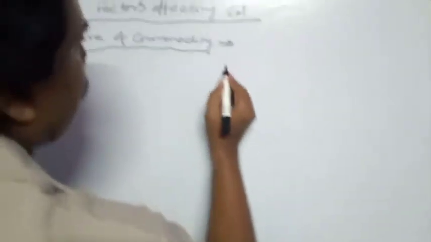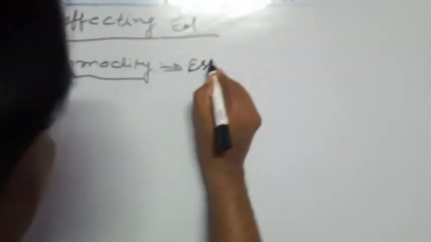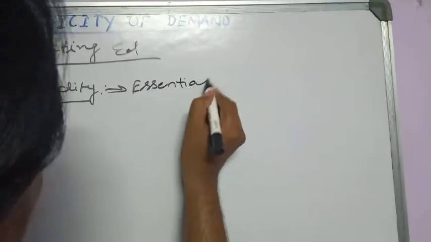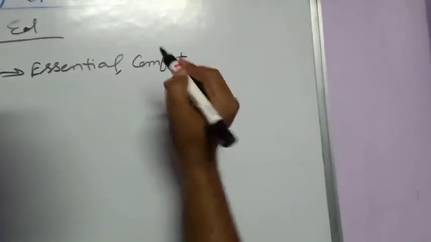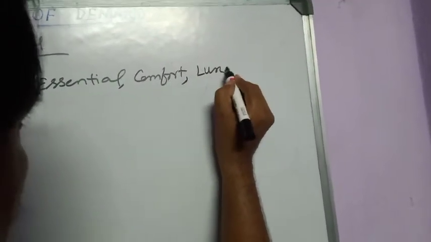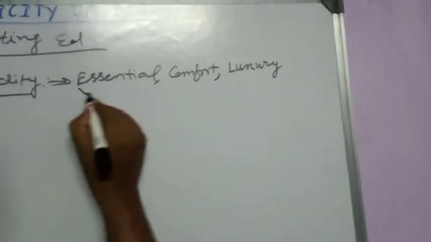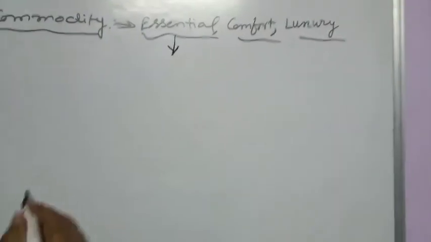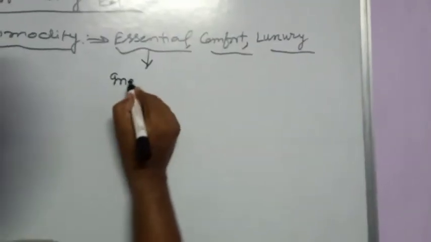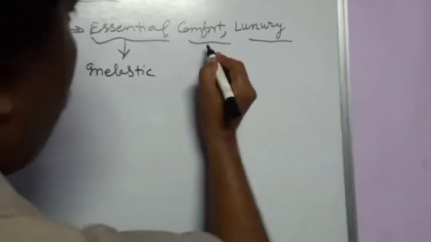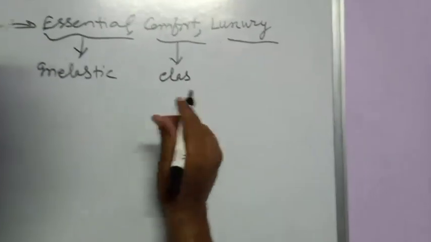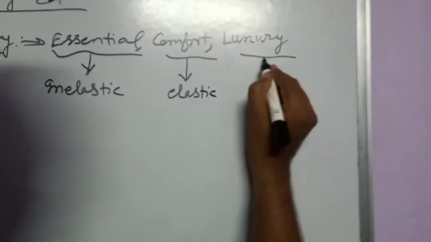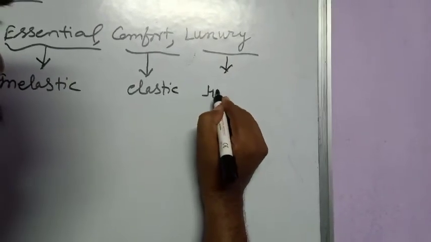Okay, so here there are three kinds of goods. One is that the essential, next is comfort and luxury goods. So essential goods is inelastic, comfort goods is elastic, and luxury goods is highly elastic.